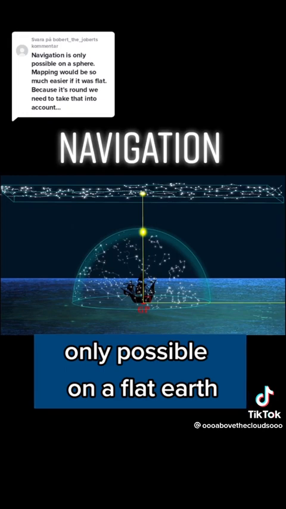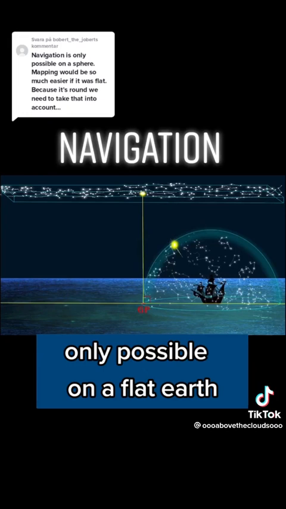When the observer is at the GP of the star, it appears 90 degrees above their head. Celestial navigation works by using a sextant to measure the angle of that known star and using its relative GP, geographical position, to know where you are.